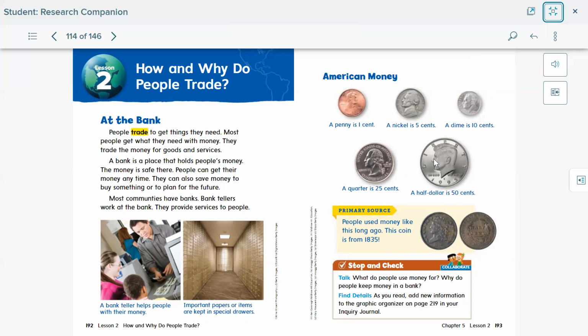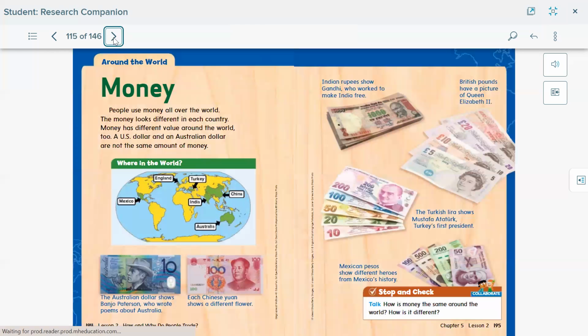We know also that we have the paper dollar bill. So let's see the primary source. People used money like this long ago. This coin is from 1835. So this is the money that people used long ago. So this is a half dollar or half cent. All right, so let's see what's next. So now we know that people trade to get things they need, and nowadays we use money.